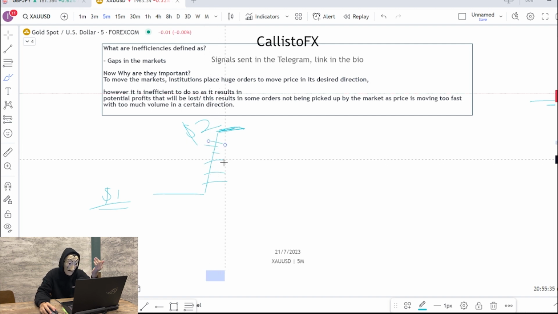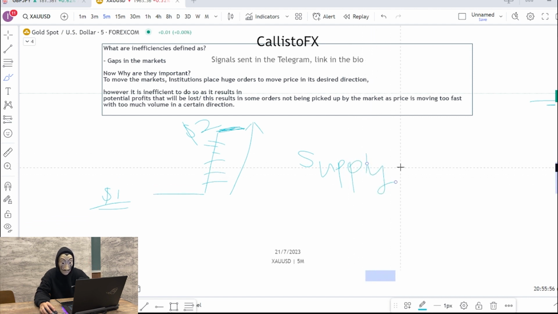At every single price point, there is an order that hasn't been filled, because of this sudden influx in the chart where price jumped from $1 to $2 due to a supply shortage.